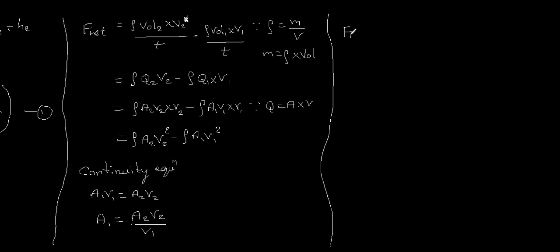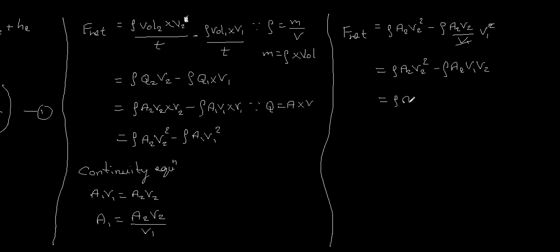In place of a1 write a2 v2 by v1, so rho a2 v2 square minus rho a2 v2 by v1 into v1 square. The v1 square partly cancels, so finally we get rho a2 v2 square minus rho a2 v1 v2. Taking rho a2 common, we get rho a2 of v2 square minus v1 v2.